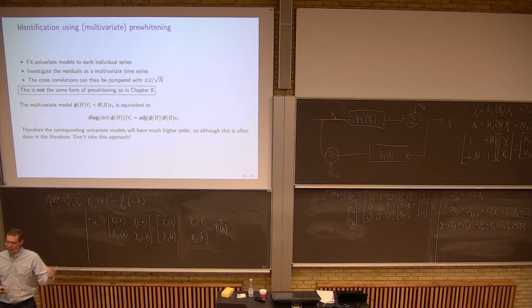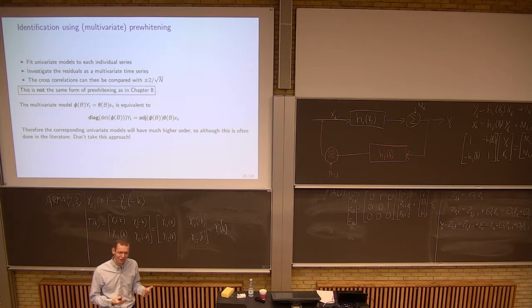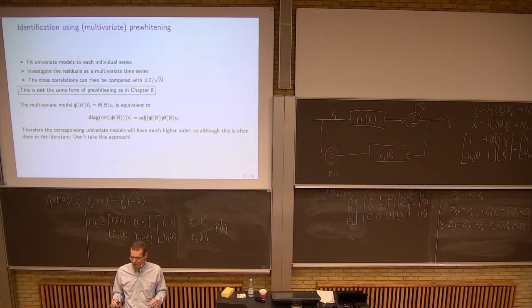So generally the order will be higher. You make that a diagonal matrix with all those polynomials in there. So the order is higher, you have more coefficients. And then you take the adjugate of your phi, and you multiply that on the moving average part. Those are the models that you're likely to estimate when you identify the individual models.